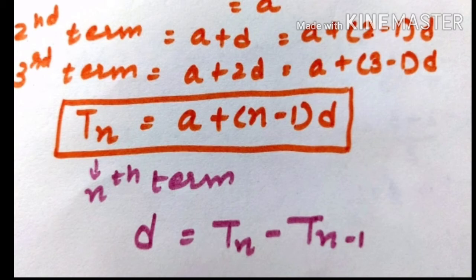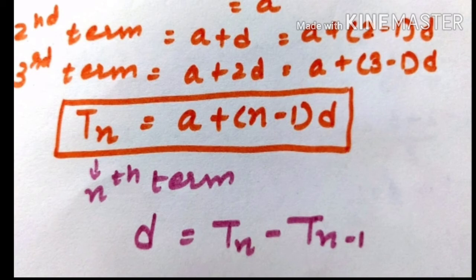Suppose in a sequence there are 5 terms and you want to find the difference; you will take the difference between any two terms, like the fifth term minus the fourth term. If you take the difference, you get this formula: Tn, the last term, minus Tn minus 1, the previous term.